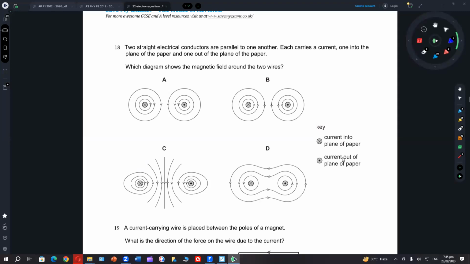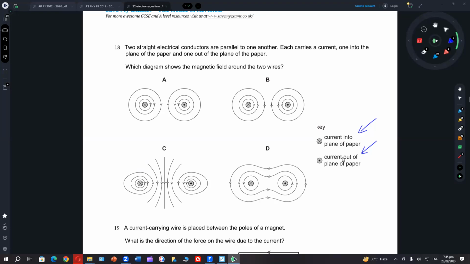You can open your notes. The currents are not the same. One is dot, one is cross. What do dot and cross mean? Cross is into the page and dot is out of the page. So one current is out of the page and one current is in the page.